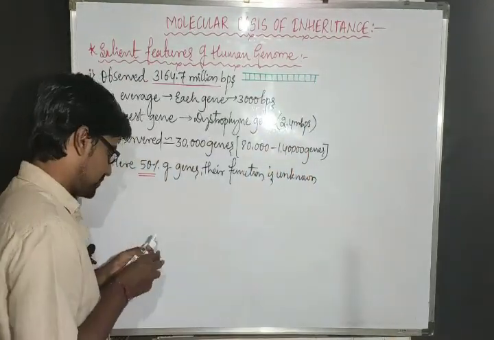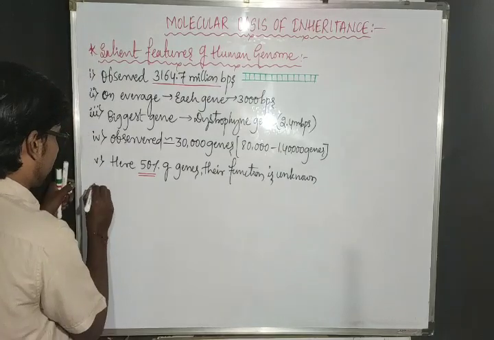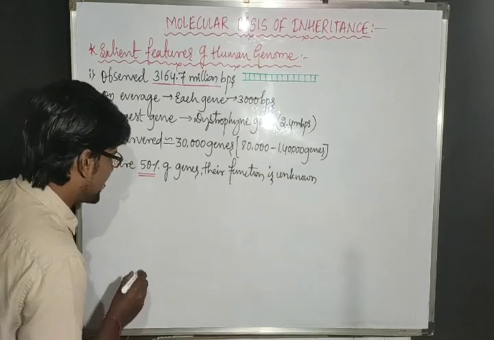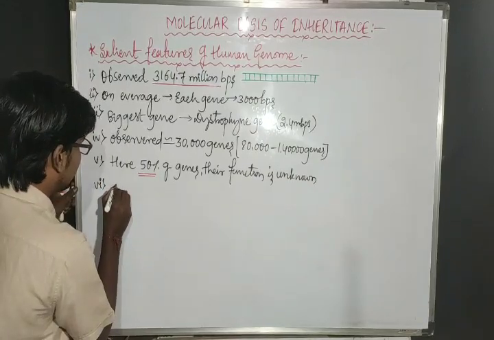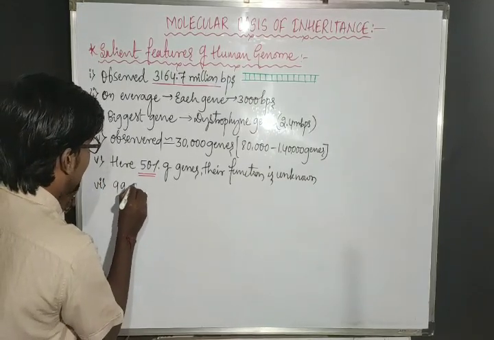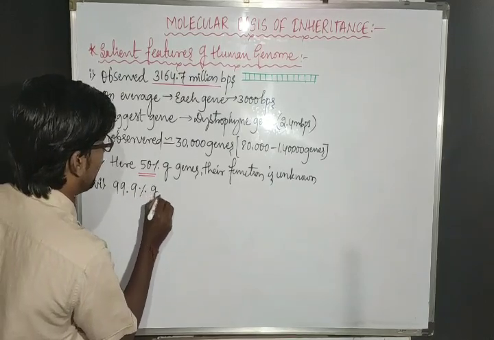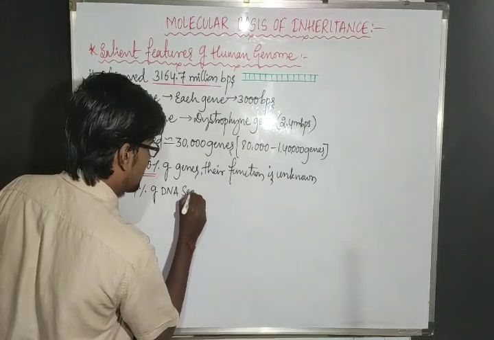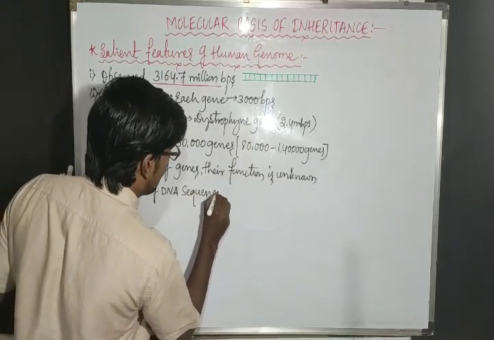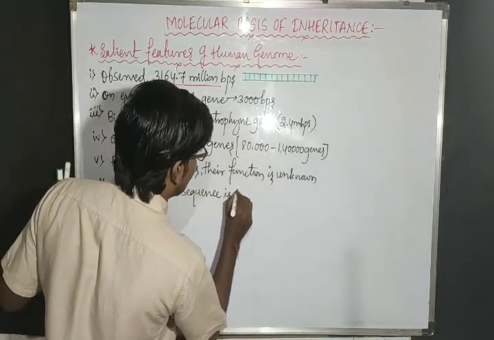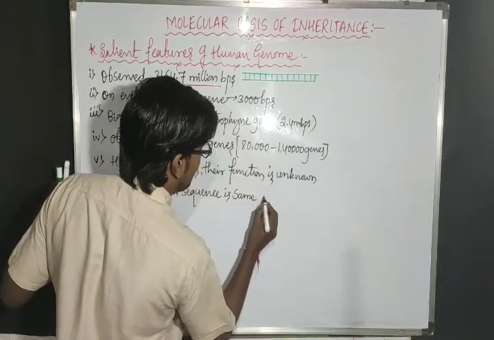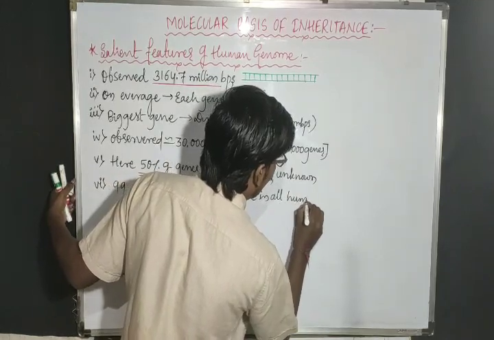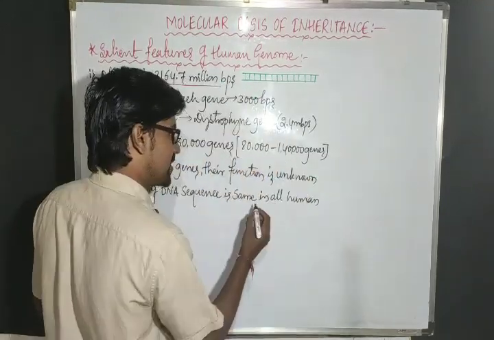Next one. And the next very interesting thing: 99.9% of the DNA sequence is the same in all humans. This is quite interesting.